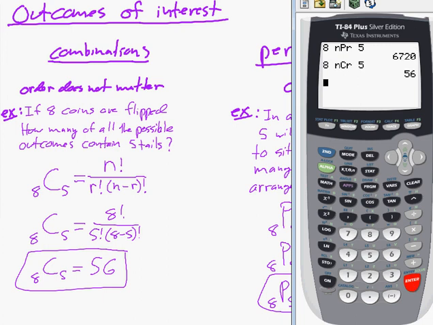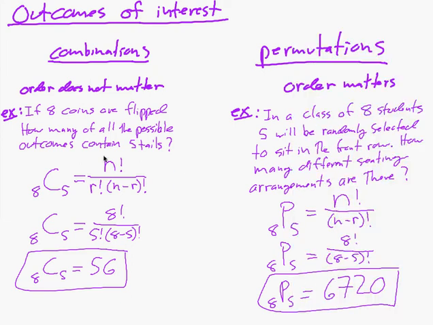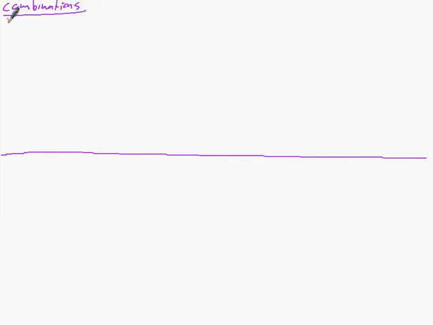A good way to get the difference between combinations and permutations is to look at it graphically. So what we'll do is maybe split it widthwise. Up here we'll talk about combinations, and down here permutations.